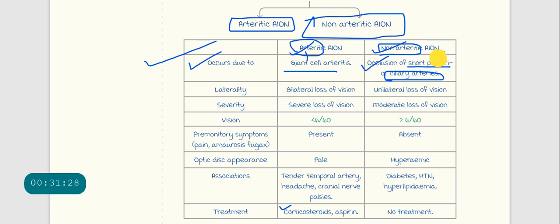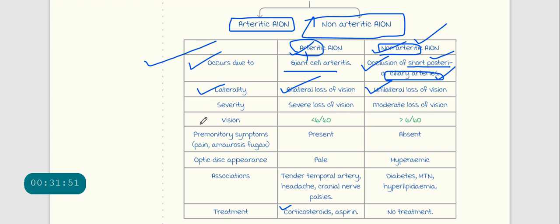Laterally, what manifestations can you see? A bilateral loss of vision is seen over here, and a unilateral loss of vision is in the non-arteritic type. The severity in the arteritic is much more severe than the non-arteritic one. It is moderately severe.